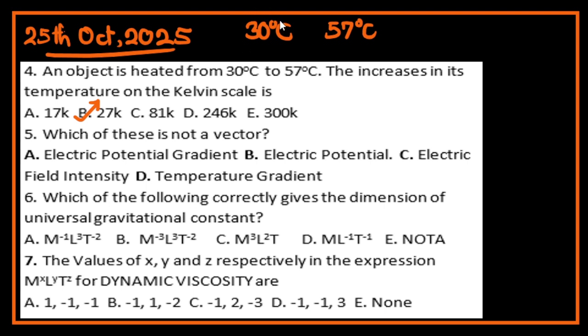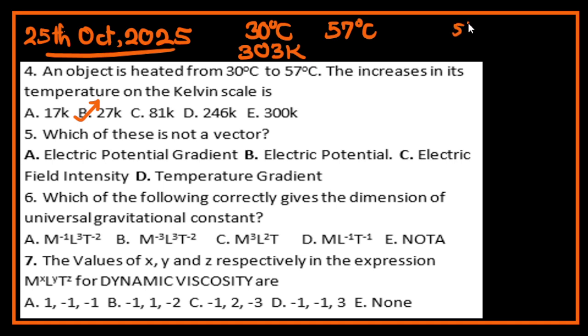So in this case, I have 30 degrees Celsius. If you choose to convert 30 degrees Celsius to Kelvin, that would have been 273 plus 30, right? That would have been 303 Kelvin. The same thing here, 57.